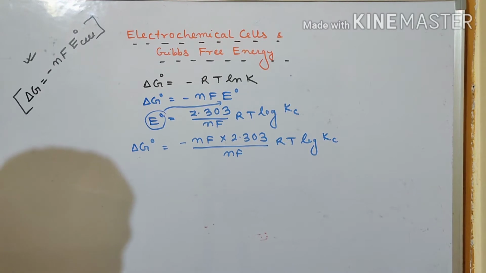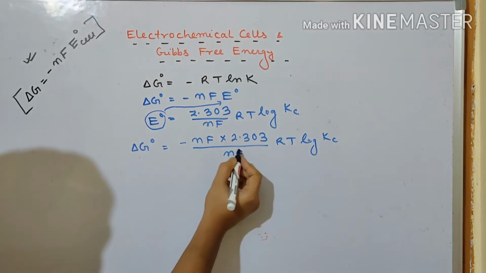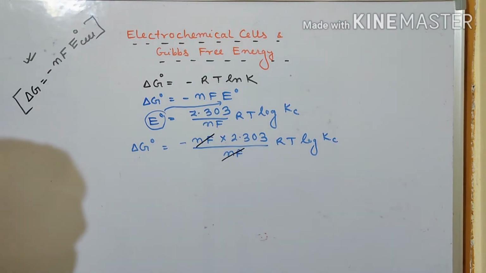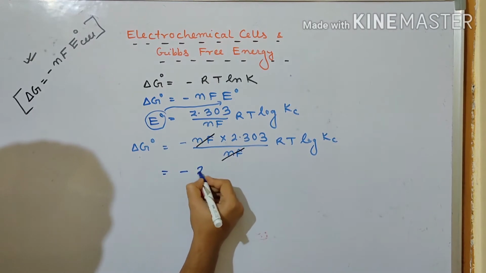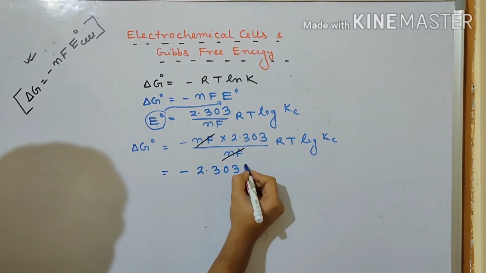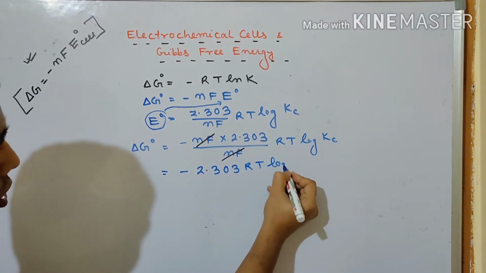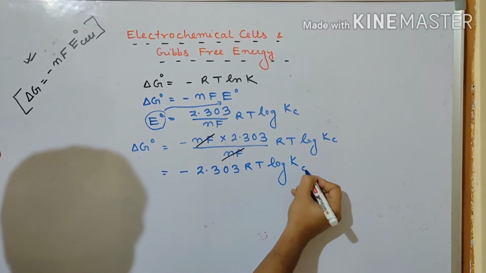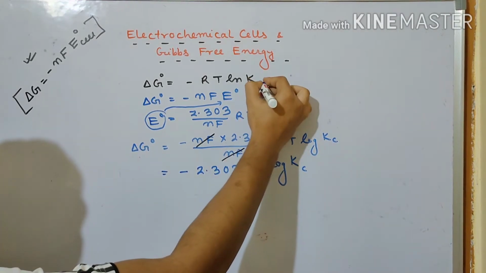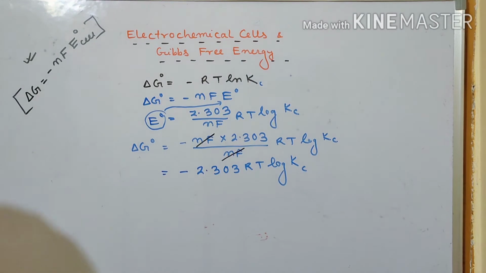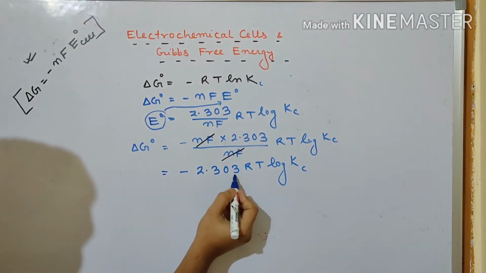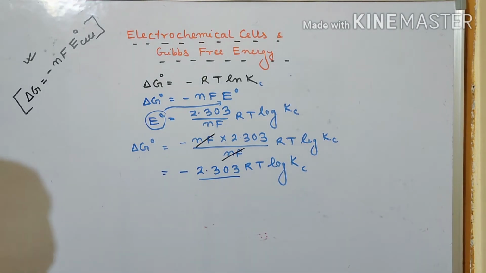As a result of it, we should be cancelling these out, and it remains as minus 2.303 RT log Kc. Now we know that if it is multiplied by 2.303, log can be converted to ln.